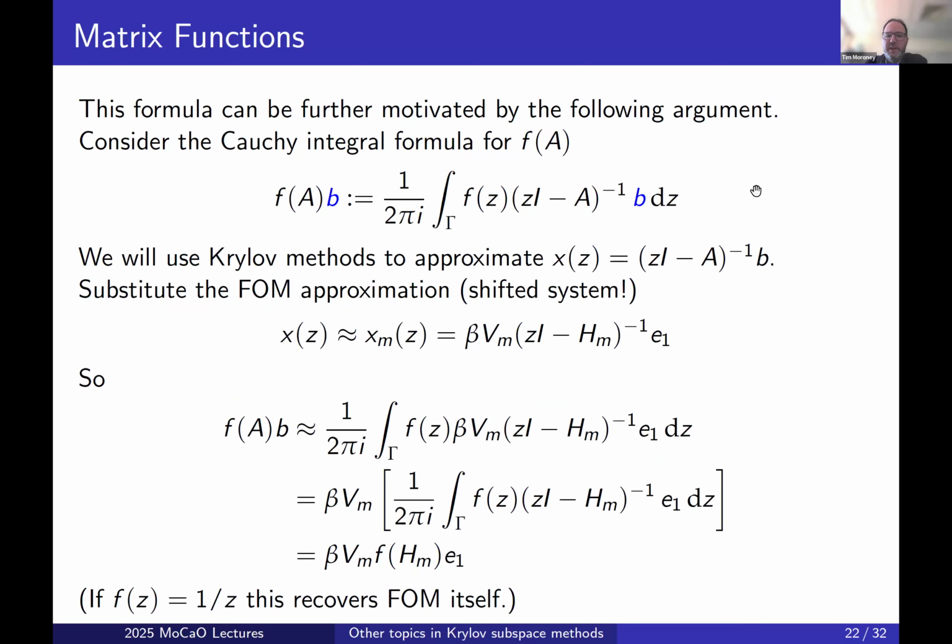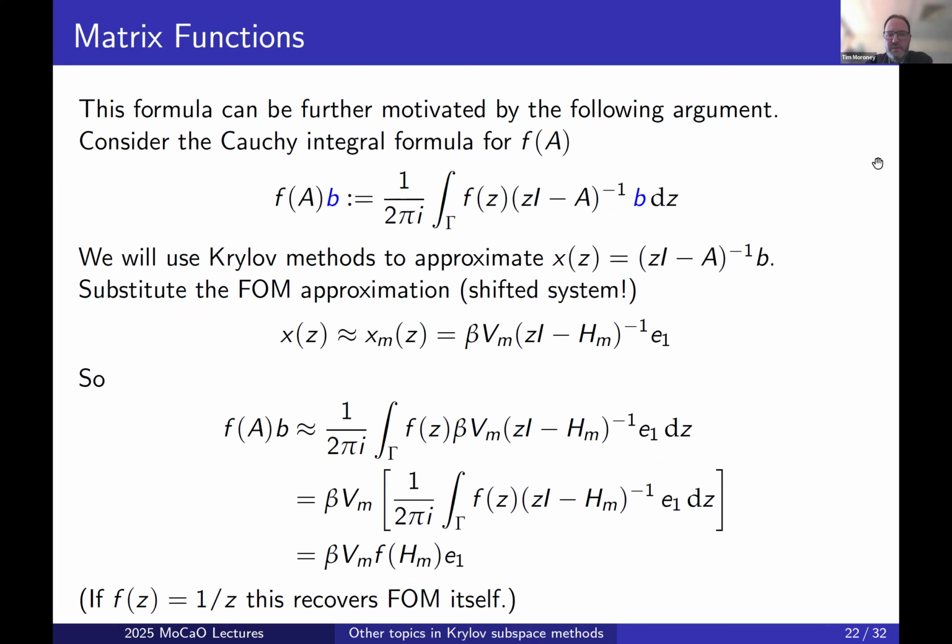Well, take my word for it, or further convince yourself by the following argument. There are many equivalent ways to define what even is a matrix function. You can do it through the eigenvalue decomposition and so on, but you can also do it with the Cauchy integral formula.